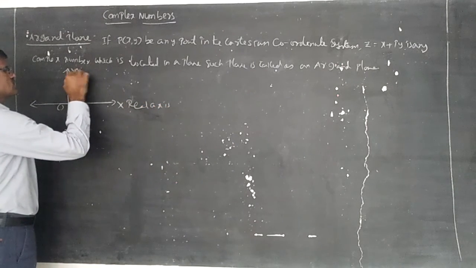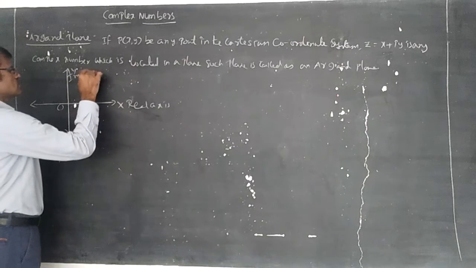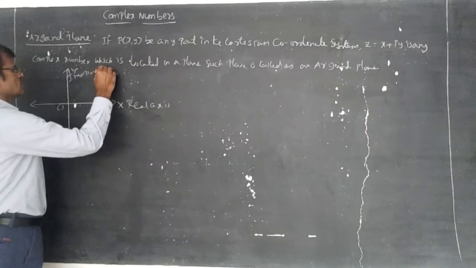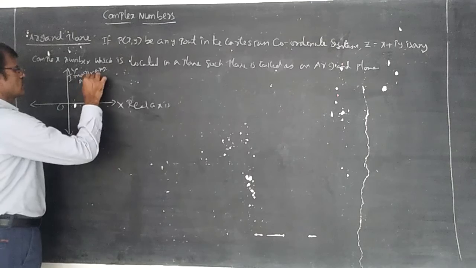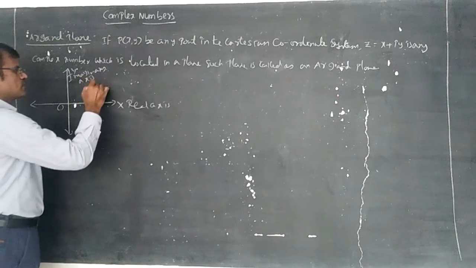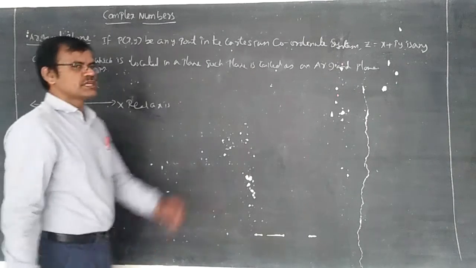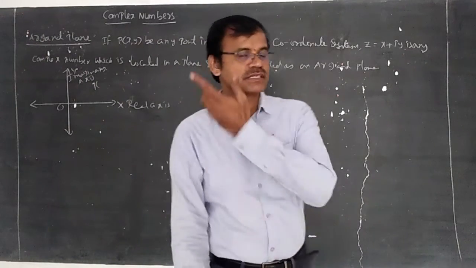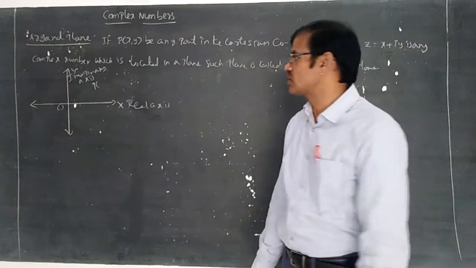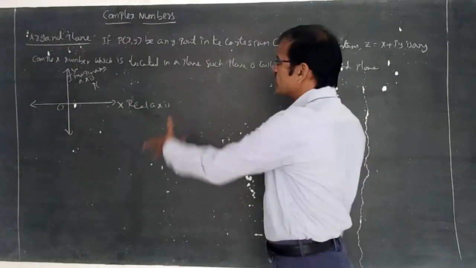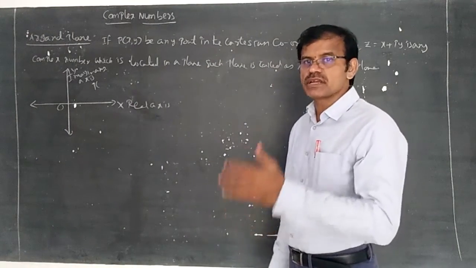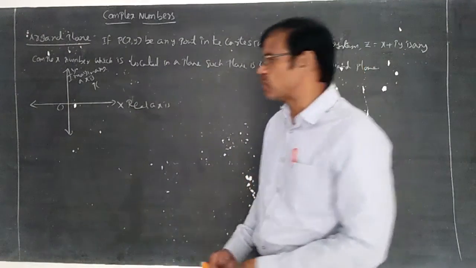This is the imaginary axis. So the point which is indicated in between real and imaginary axis is a complex number, and the plane in which we are indicating the point is called the Argand plane.